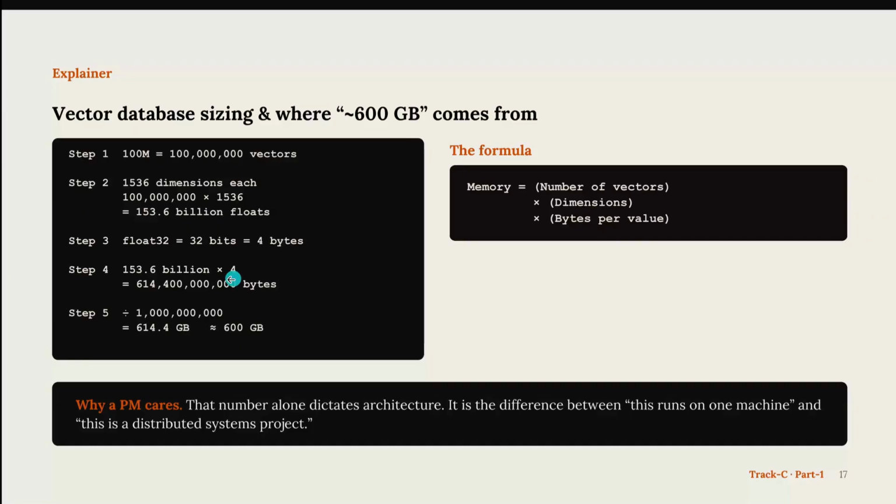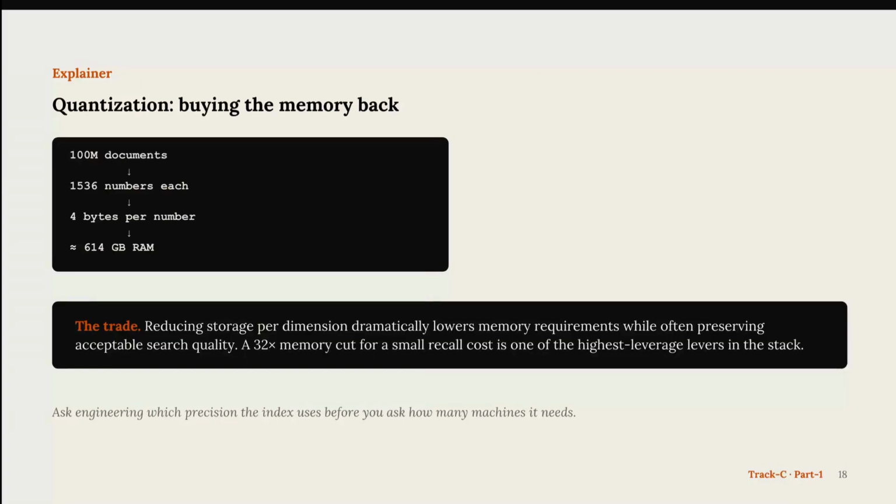Instead of 4 bytes, we could have 1 byte or 2 bytes, and that would mean we are cutting down the memory for a small recall cost. But does that mean we will get the cost benefit that we are looking at? So that's what quantization is about.